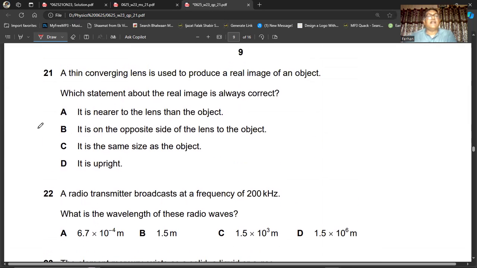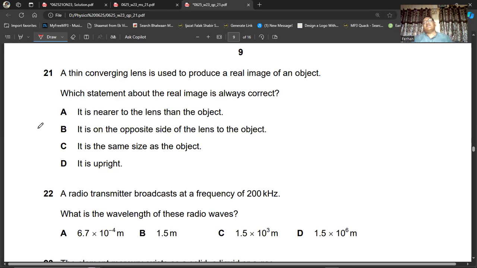Question number 21. A thin converging lens is used to produce a real image of an object. Which statement about the real image is always correct? Whenever a converging lens makes a real image, the image and the object are on opposite sides of the lens. So if the object is on the right side of the lens, the image will be on the left side.